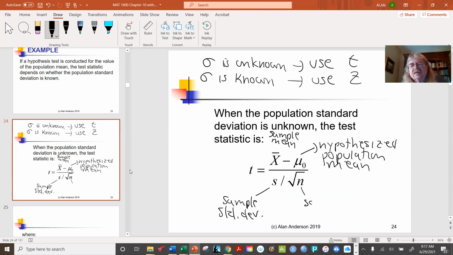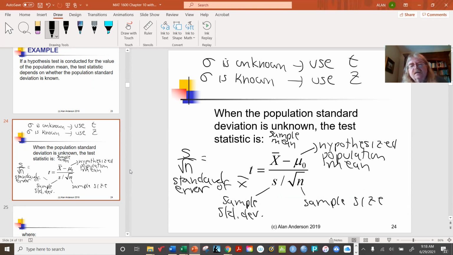This n is our sample size. And you might also recall from the last chapter, this term is called the standard error of X bar. This is what makes it possible to convert these values into standard units or standard deviations, so that instead of knowing the actual values like 27 and 29, we have standard deviations.